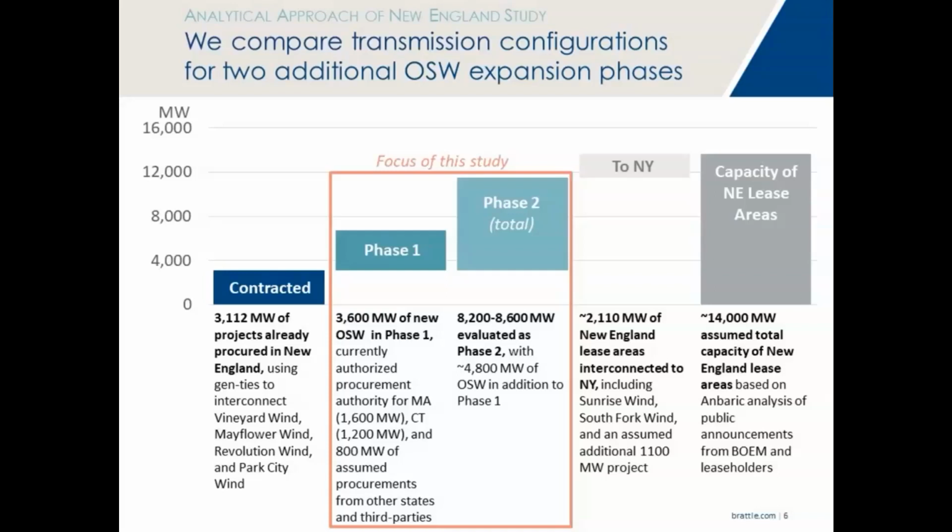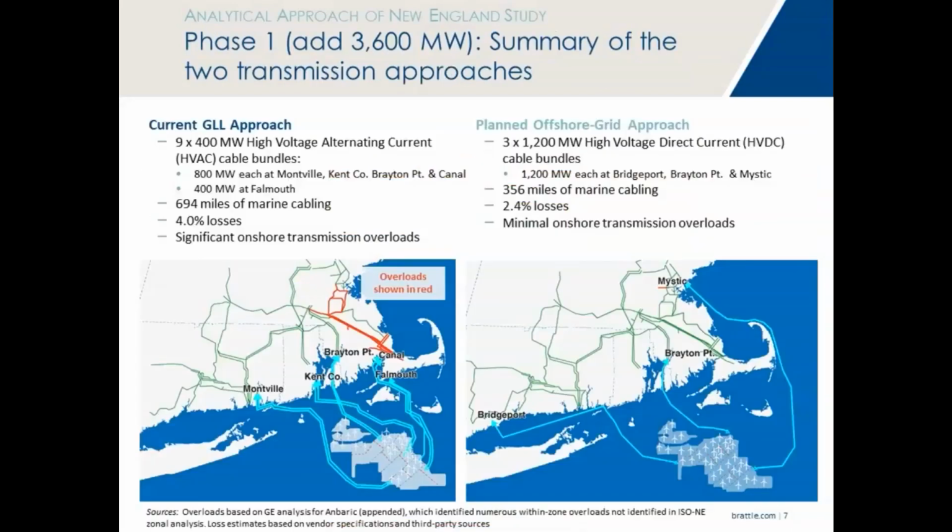So we looked at phase 1, current commitments, and phase 2, to sell the rest of the currently specified lease areas. And under a gen-tie approach, the situation today has been that these wind farms have been in the 400 to 800 megawatt range.